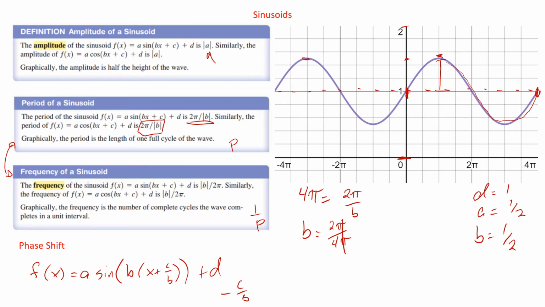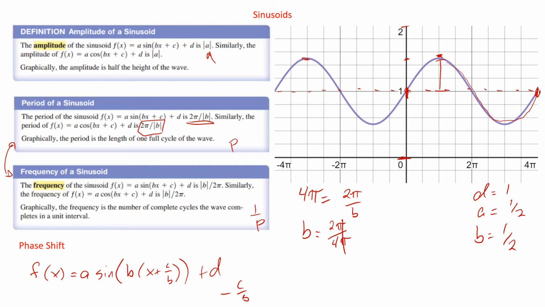Now C: if this is a sine wave, we're starting at that center line, so we don't have a C for this one if it's sine. We could make it cosine and have a C, but really there's no reason to do that unless it's telling us to use cosine.